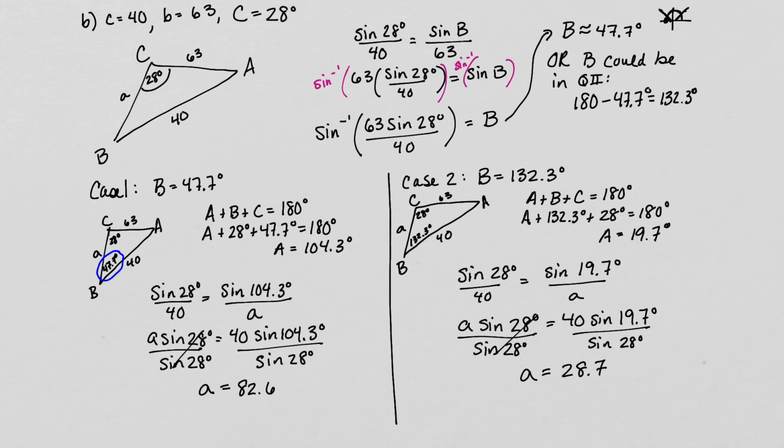At the beginning here, we were only given the 28 degrees. We weren't given any other angle. So if two angles are missing, that leads to the potential that you could get two different answers. Does that help?